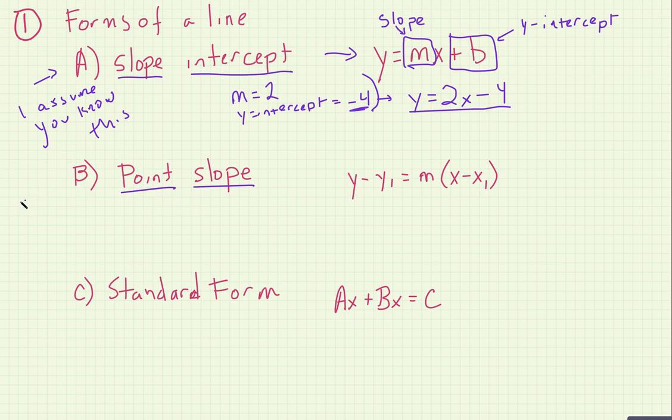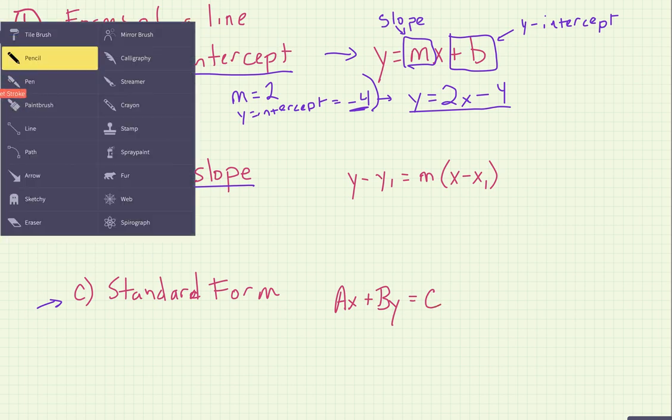But the key thing we're going to be looking at is this point slope. Let me quickly hit on the standard form of the line, and that's a line that looks like, whoops, oh my goodness, let's just fix this right now because this isn't right. So the standard form of a line is ax plus by equals c.